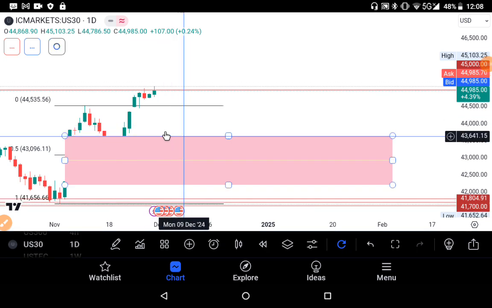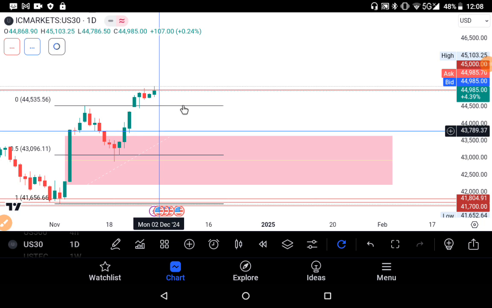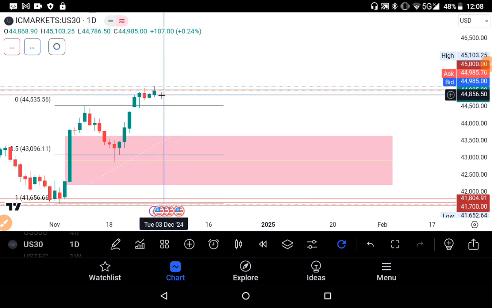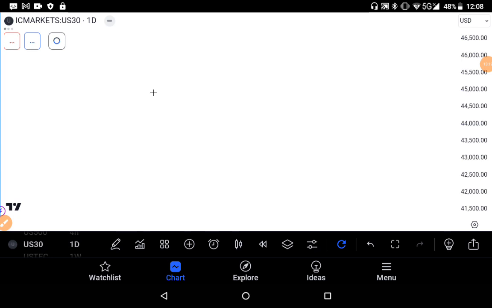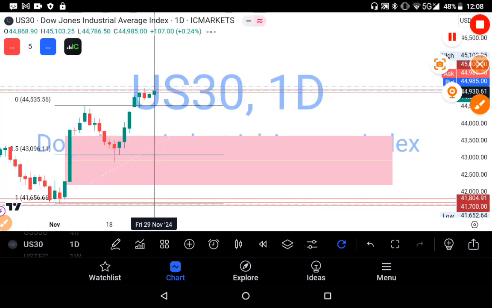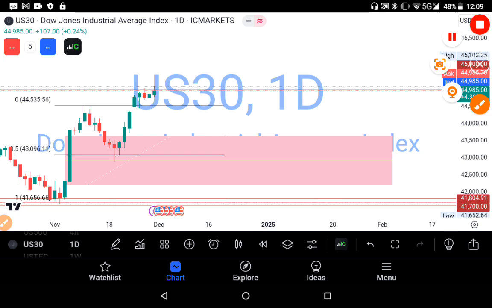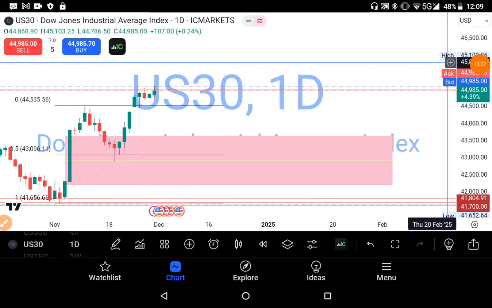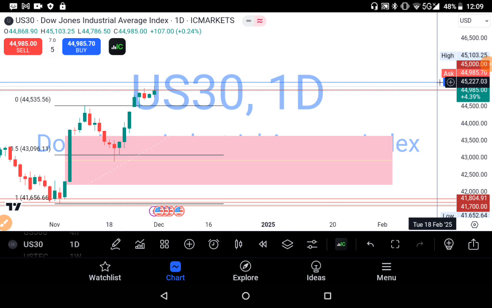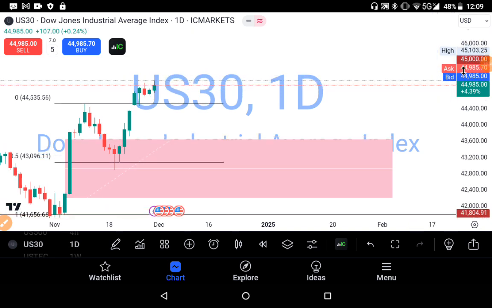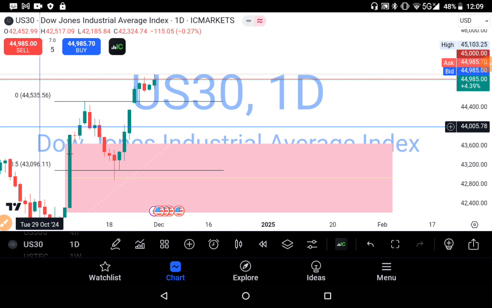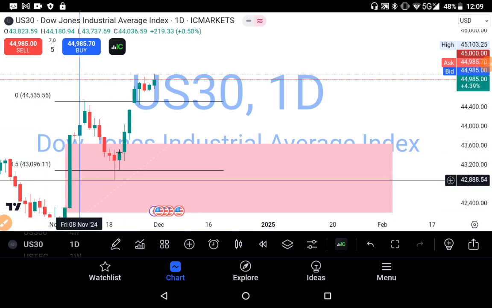So I'll be interested in a retracement into 44,500, and that should be able to serve as a support to the price, because I'm watching this gap here.